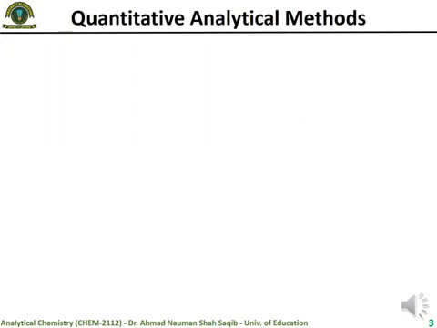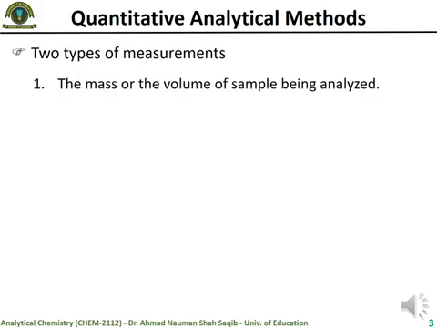So when we talk about different quantitative analytical methods, you should remember one thing: all quantitative analysis involves two types of measurements. Number one is the mass or the volume of the sample which is being analyzed. We took an example of water analysis in the previous slide, so the same we will consider here.